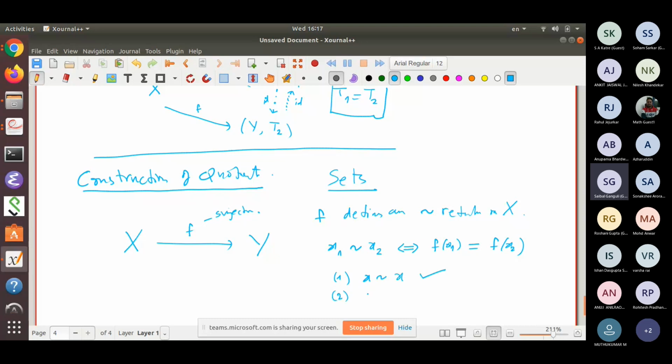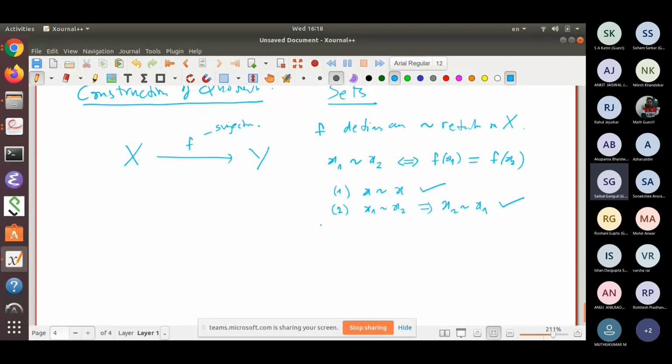Second property, X1 equivalent to X2 implies X2 equivalent to X1. Yes. What was the third property? X1 equivalent to X2, X2 equivalent to X3 imply X1 equivalent to X3. Yes. So we have checked all three.